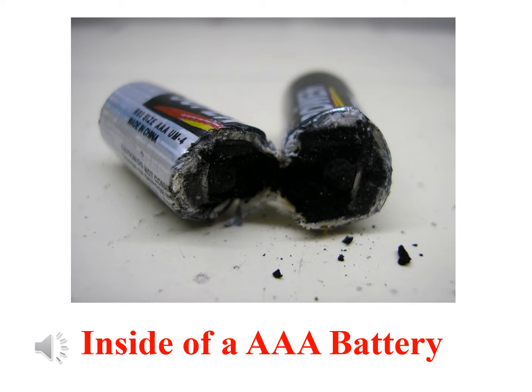The coating of the battery is made out of zinc, and the black stuff in the middle is a paste. That's why they call it a dry cell, because it's not a liquid. It's a kind of solid in there. What happens is the zinc is actually the electron donor. So as the battery works, the zinc coating dissolves. And if you get a hole in the zinc coating, some of the stuff from the inside can leak out, and that is corrosion on a battery.